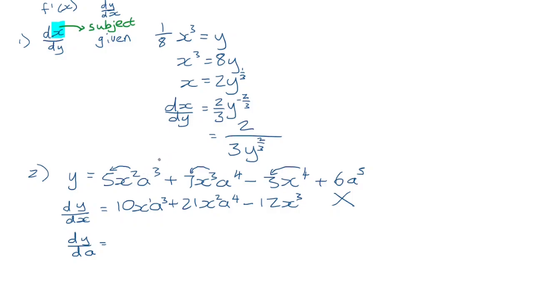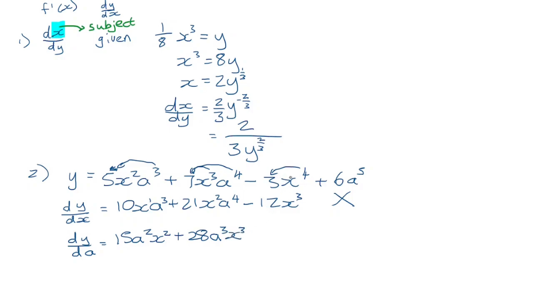So now my focus is just on the a's, and so I'm going to times the power of a by the front, so that becomes 15 a squared, and the x is attached to it, so I just leave it as is. I times the power of the a by the front, so that's 28 a to the 3, x cubed stays as is.